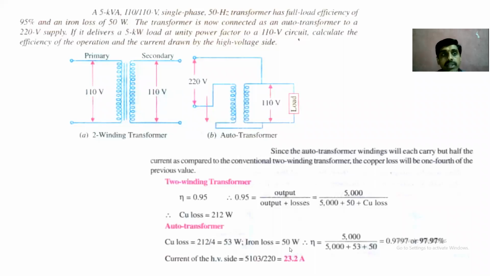Iron loss is already constant at 50 watts. Therefore you get the efficiency. As we already said, when a two winding transformer is converted into an auto transformer, this 220 is primary, 110 is secondary, and the rating is halved. Here the primary side is doubled, so that's why we are taking I2 squared by 4.